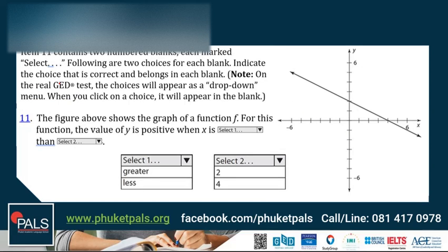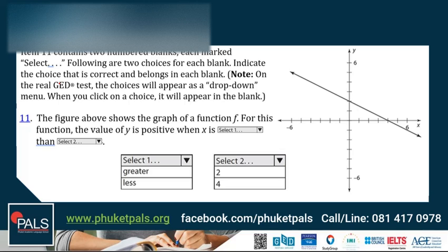Number 11. The figure above shows the graph of a function. For this function, the value of y is positive when x is blank than blank. Okay, so we will just be selecting the correct answer.